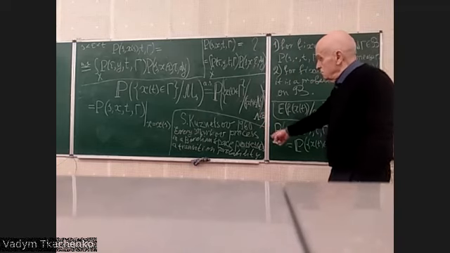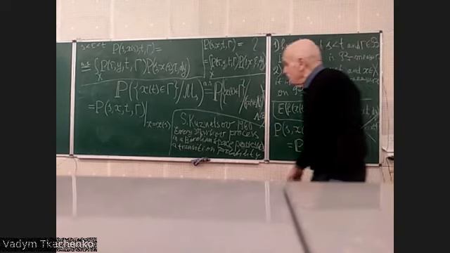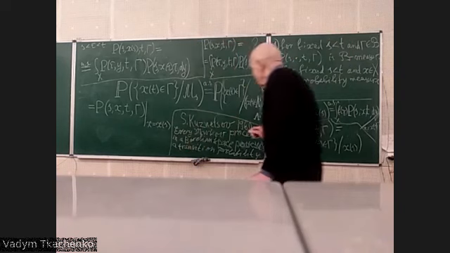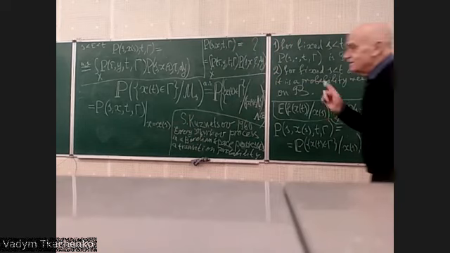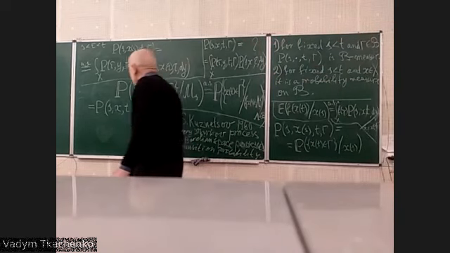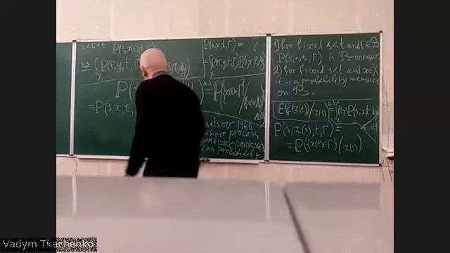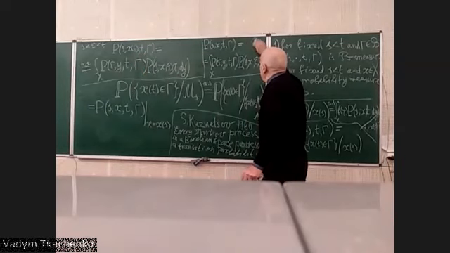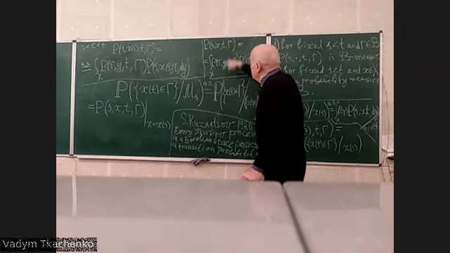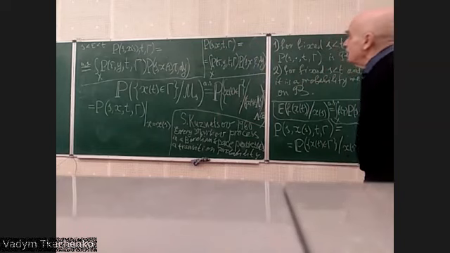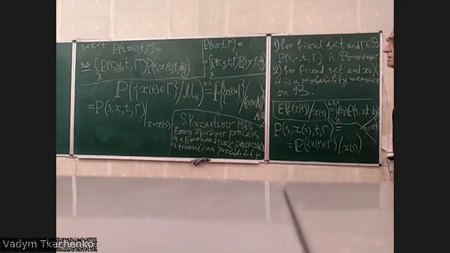And according to this theorem, if the space X is not bad, not very bad, then there exists such a version of regular conditional probability that this equality is true for all s less than t, for all x in X, and for all Γ in the σ-algebra.